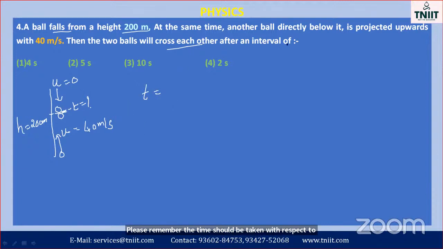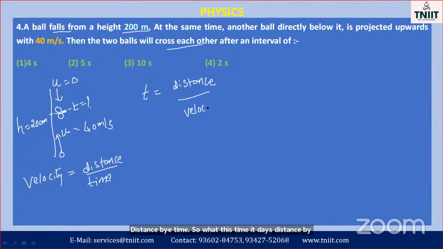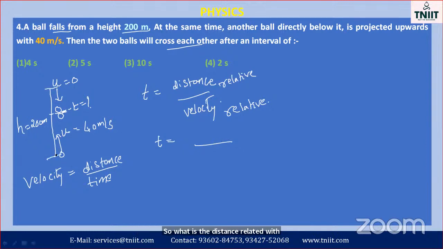By the basic definition, you know that velocity is equal to distance by time. So time is distance by velocity. But you can't simply take distance by velocity. You should talk about relative. Why, students? Because both the bodies are moving together. So what is the relative distance with respect to these two? The first ball is moving upward, the second ball is coming downward.